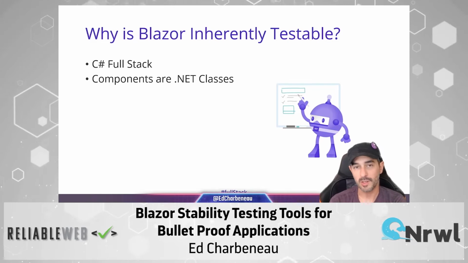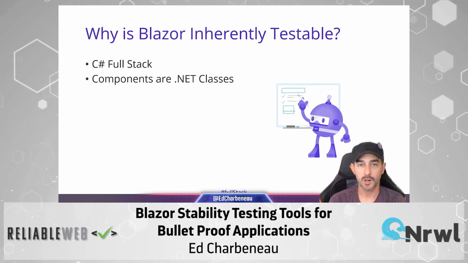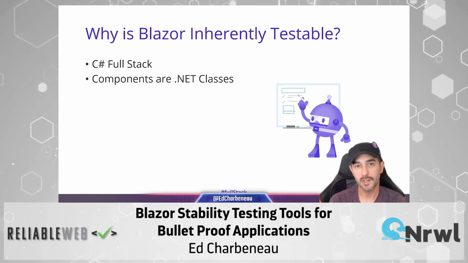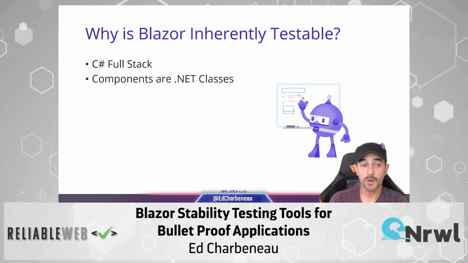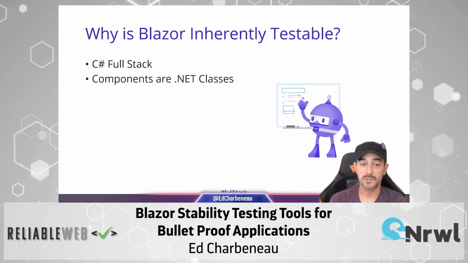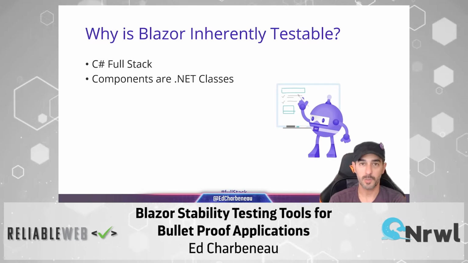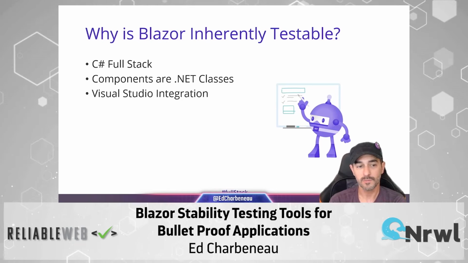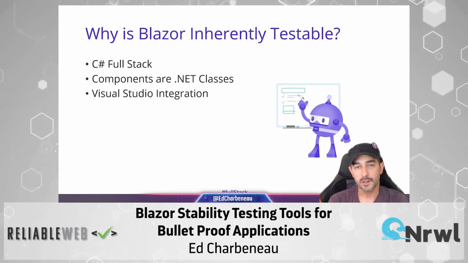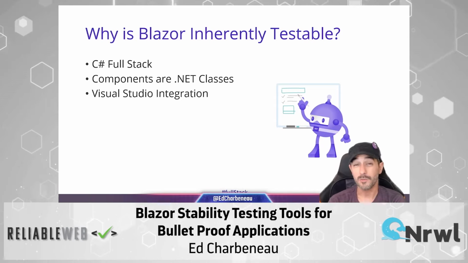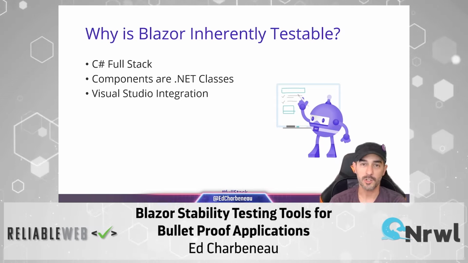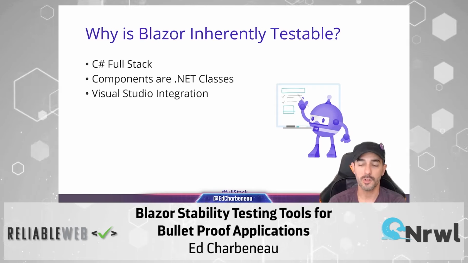C# and being able to use the same language across the back end and the front end means that we can use the same test frameworks on the back and front end. We can also test these components because they are C# code and .NET classes. And of course, if you're doing any kind of .NET development, you've probably encountered Visual Studio. And if you've done any testing with it, you know the integration with testing in Visual Studio is fantastic.